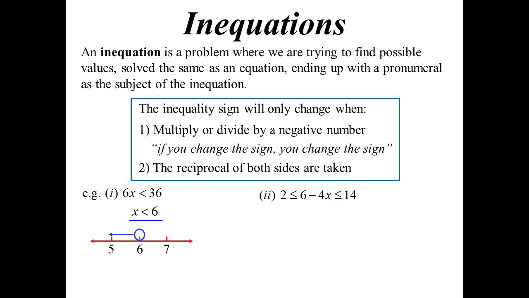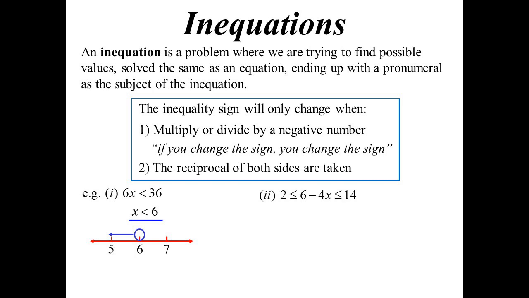I guess the other big difference with an inequation to an equation is you can have more than one side. Here has 3 pieces: a left-hand side, a right-hand side, and a middle. If you think of equations like what I do to one side, I do to the other, same deal here, but it's like what I do to one thing, I do to everything. So here, I want to get the x by itself.